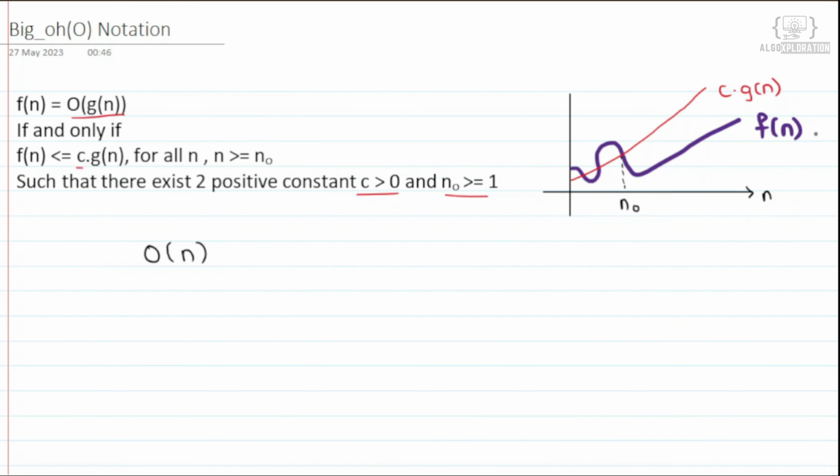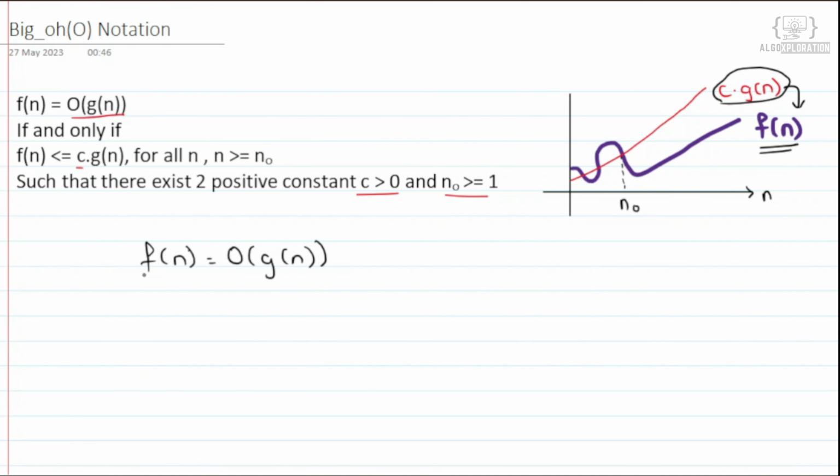So if this is the function, then this curve will be the upper bound of this function. So we can say that f of n is equal to order of g of n.